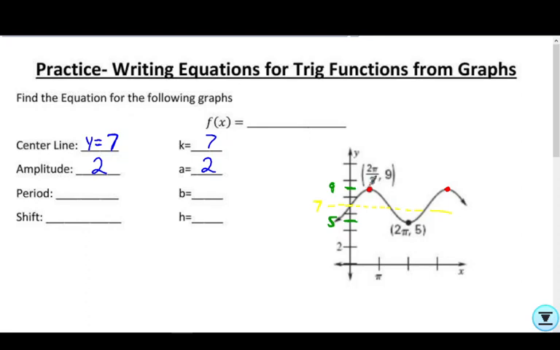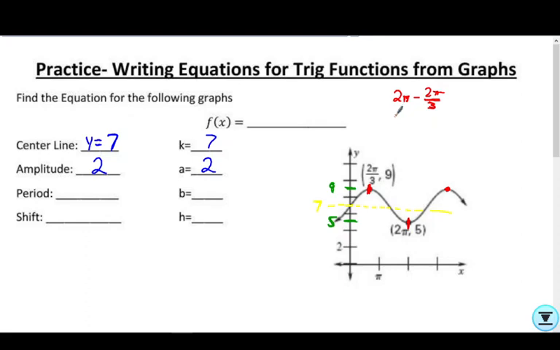What I do know though, since I don't know where this point is, is that this is at 2 pi over 3 and this is at 2 pi. Okay? So I know halfway. So to find half of it, it's going to be 2 pi minus 2 pi over 3. So this distance from here to here is half of my period.